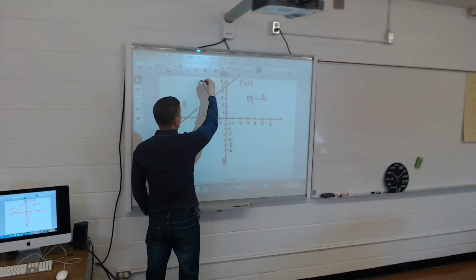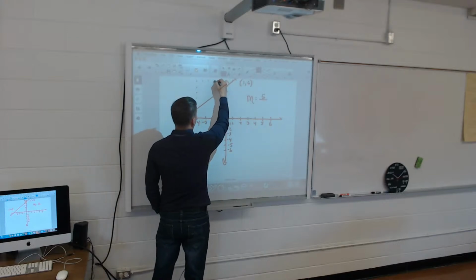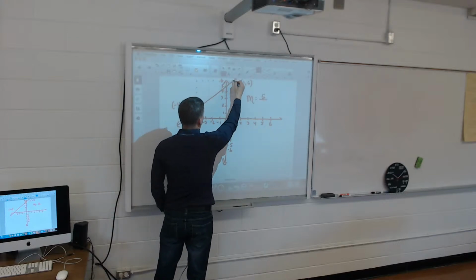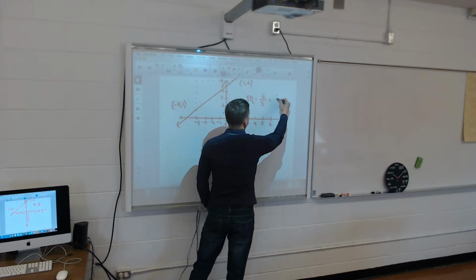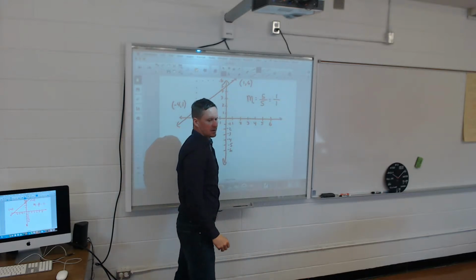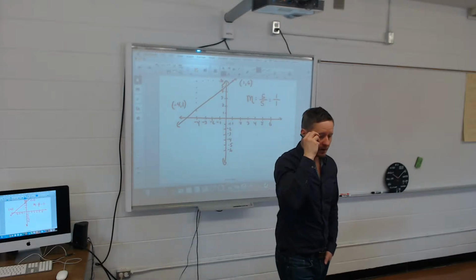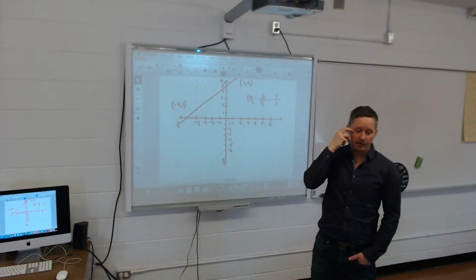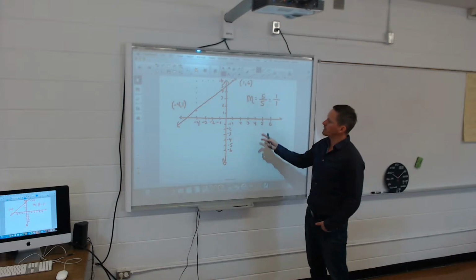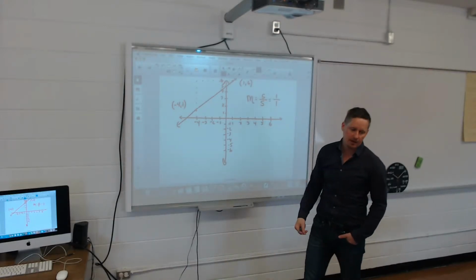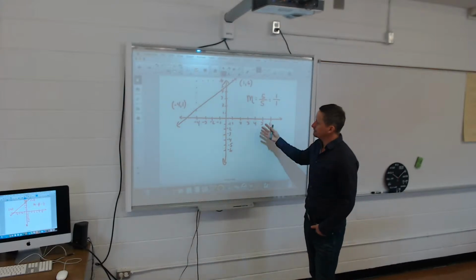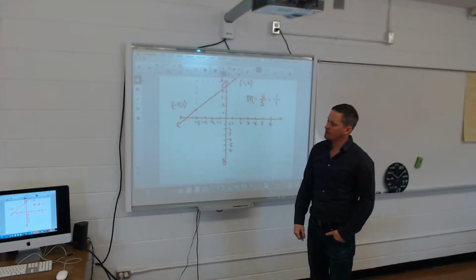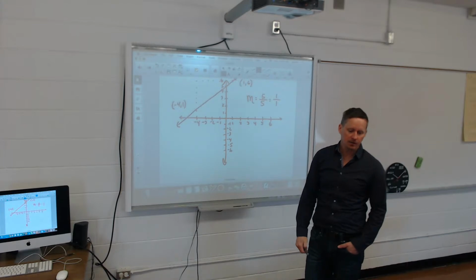And then how far to the right does it go? 1, 2, 3, 4, 5. So 1 over 1. Okay, so you can do whichever method you like. This one takes a little more time because you have to draw your grid, but otherwise, that's also an acceptable way of finding the slope of a line.